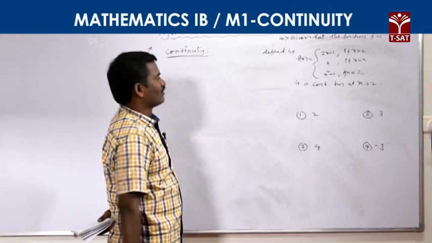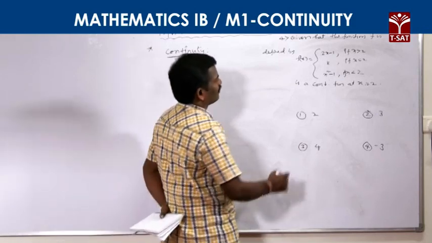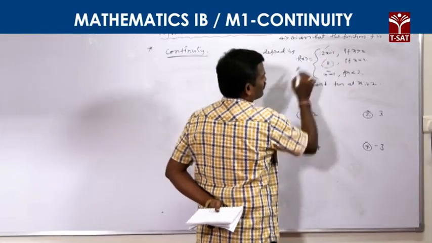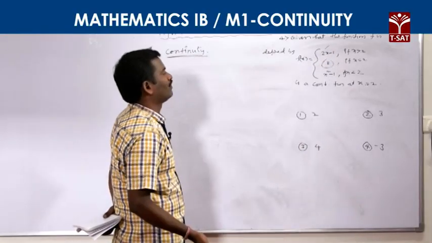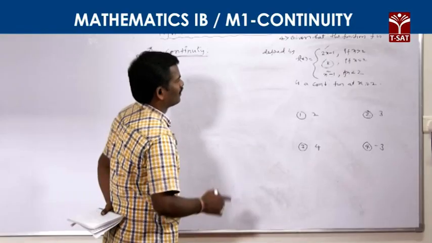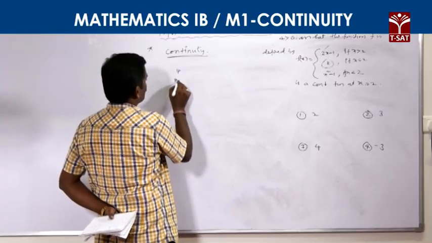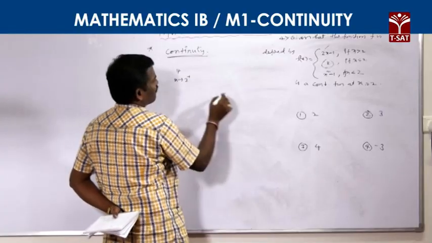This function is also given as a continuous function. This time, LHL equals RHL, and f of 2 we also need to equate. No need to find the complete LHL and RHL; that equals the limit function. So here, the limit as x tends to 2 plus, I am finding the 2 plus case.